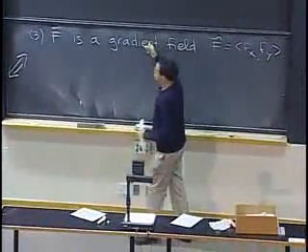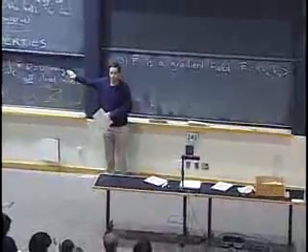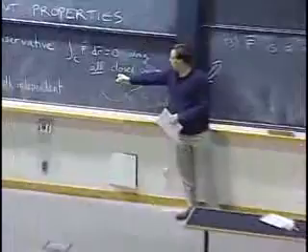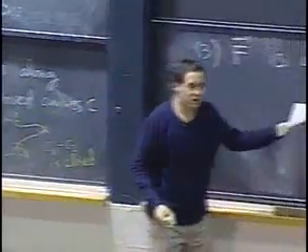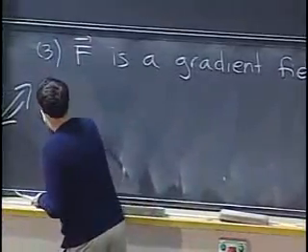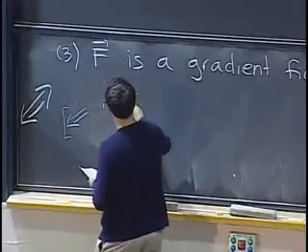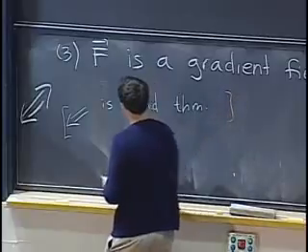Why? Well, if we know that it's a gradient field, then we've seen that we get these properties out of the fundamental theorem. The question is, if I have a conservative or path-independent vector field, why is it the gradient of something? So this way is the fundamental theorem.